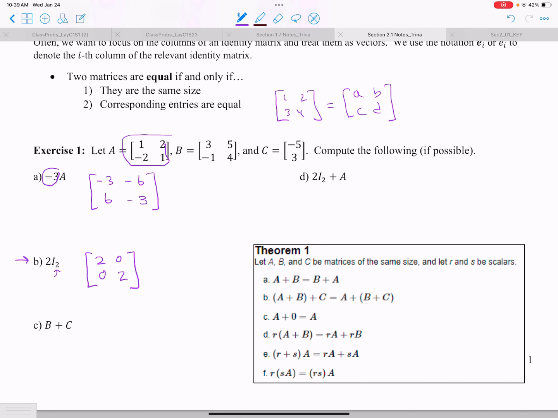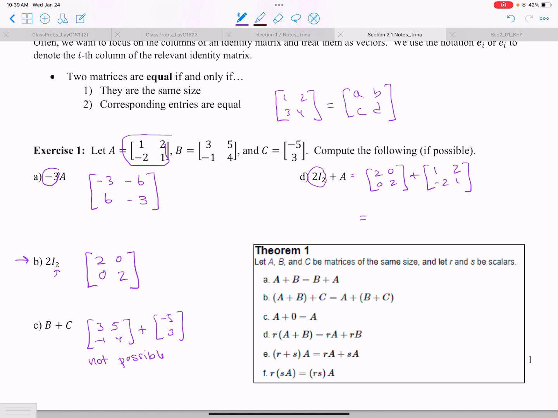So I'm going to add B and C. So I have 3, 5, -1, 4, plus -5, 3. They are not the same size, so this is not possible. So 2I plus A, I'm going to write 2I, so that's a 2 by 2 with 2 on the diagonal, plus A, so 1, 2, negative 2, 1.